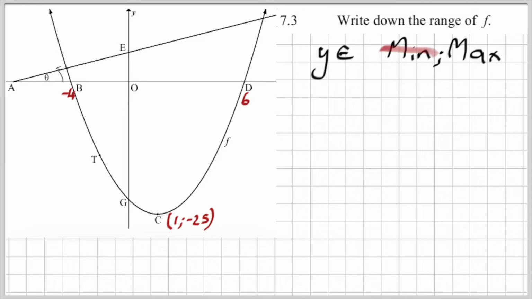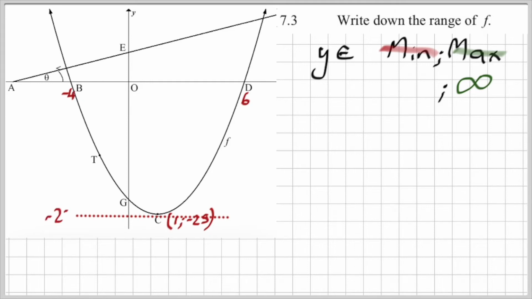In my graph, the minimum in this graph is the turning point. The maximum, the highest y value, is infinity. Remember, this graph grows up forever. It doesn't stop, but its lowest point is at the turning point.